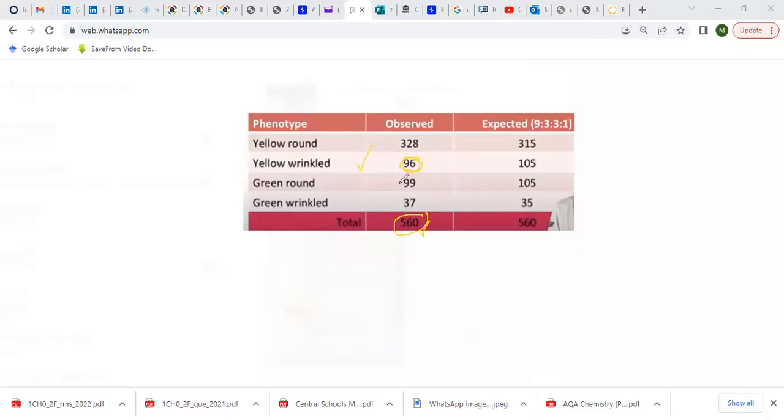Anyway, the point is, if they have not provided you this number and have not provided the total number also, then you will multiply this number by 9, and whatever number comes, you will get this number.